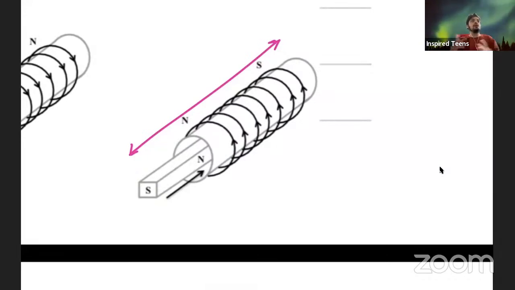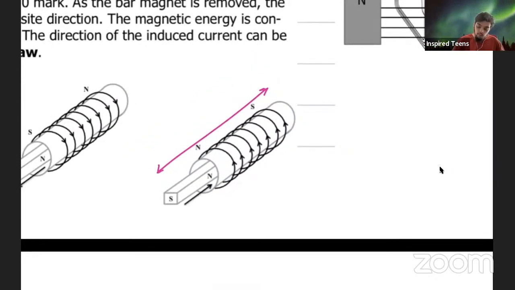How would you create that change? You would move the magnet. When we move this bar magnet in and out, of course, when it's inside the solenoid, that's when the most magnetic field lines are going to touch. But let's say we move it all the way out here.